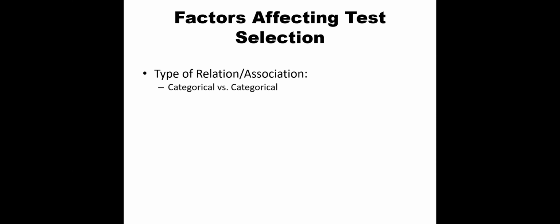The factor affecting the selection of the test is whether we are assessing a relation or association. If both outcome and exposure are categorical, for instance if we are comparing infertile women and non-infertile women, and their BMI is categorized as obese or non-obese, and we want to see whether there is any relation between obesity and infertility.